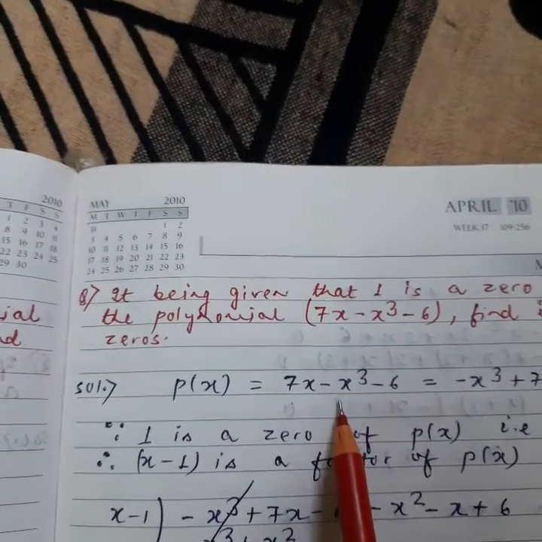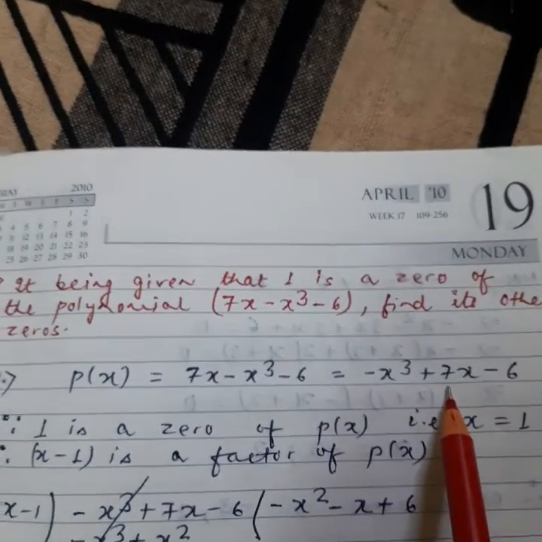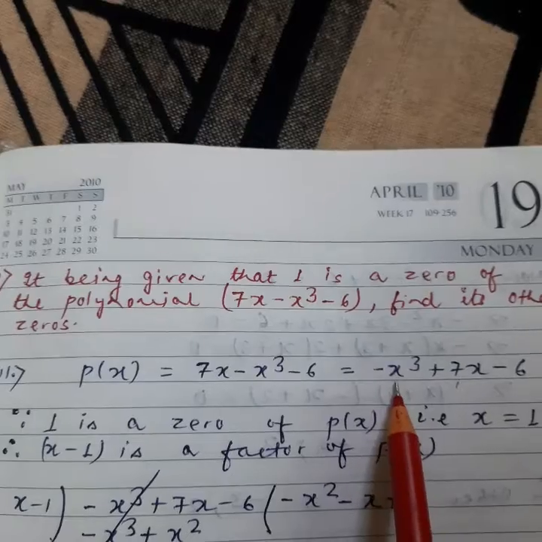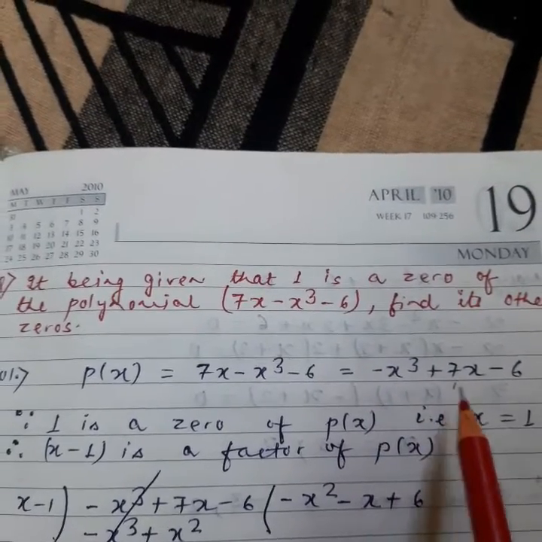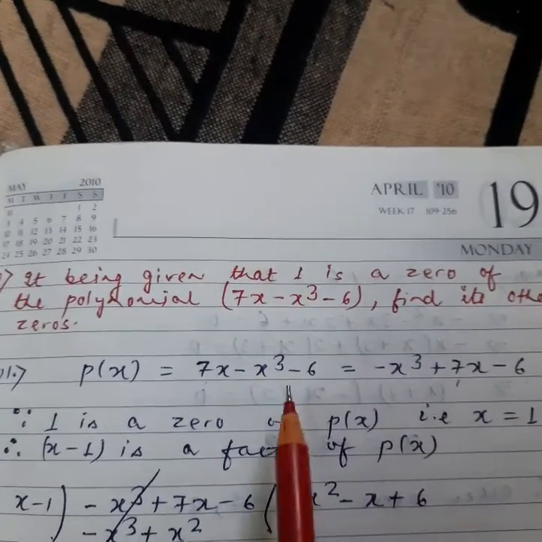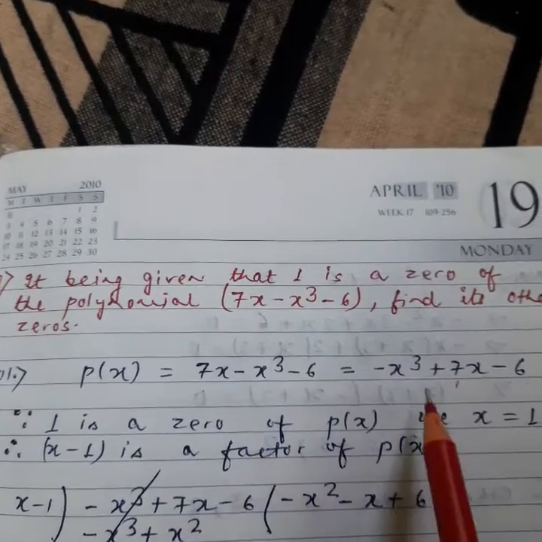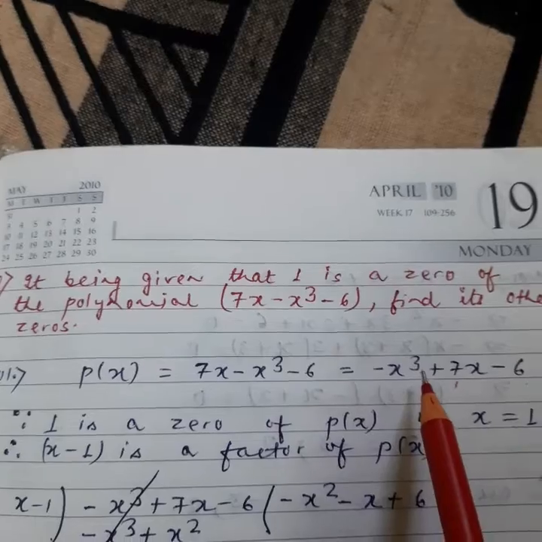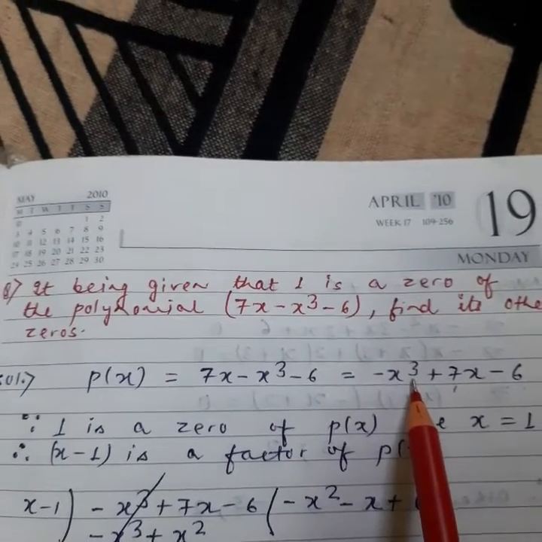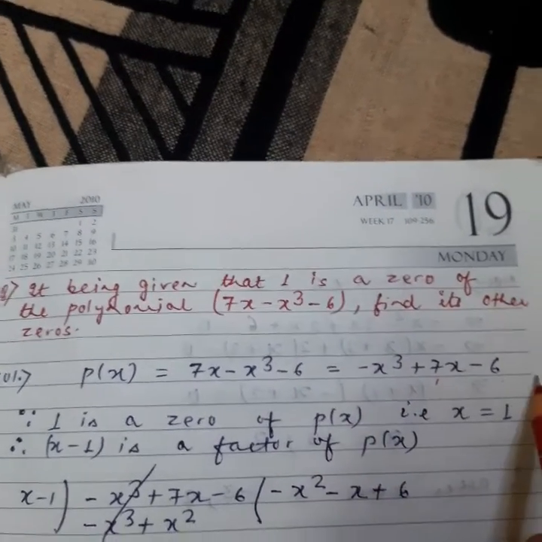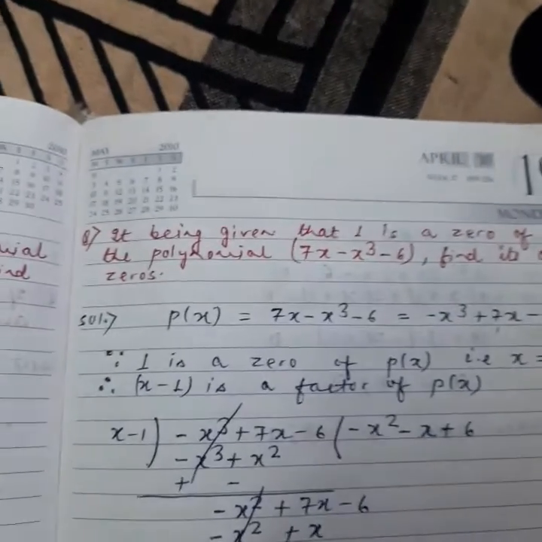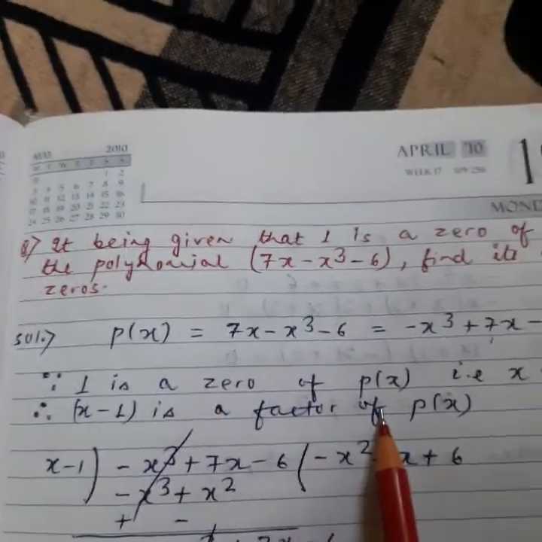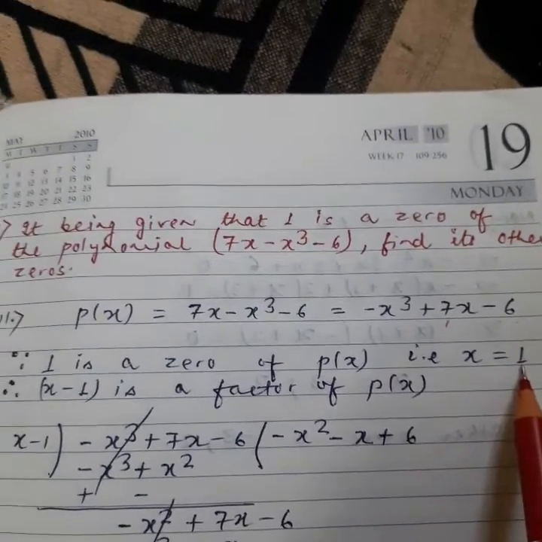The same thing I have written here in the ordered way, that is minus x cube plus 7x minus 6, meaning just replace the order so that it is in the proper manner according to the power, highest power to the lowest power. Now here it is saying that 1 is a zero of p(x), means x equals 1 is given.